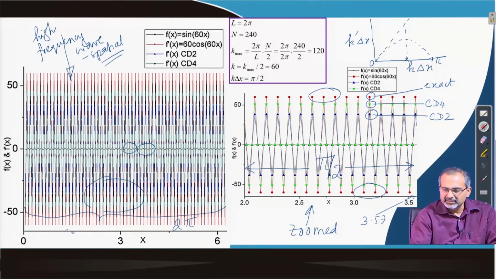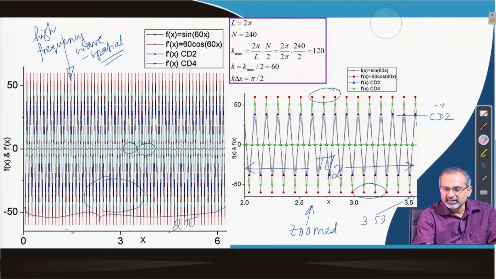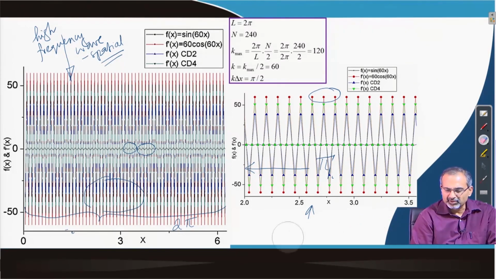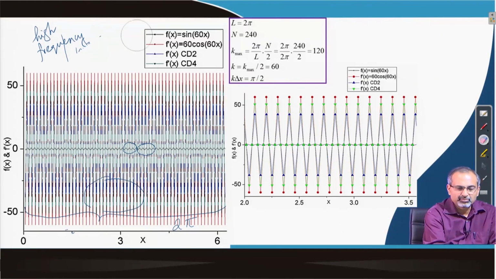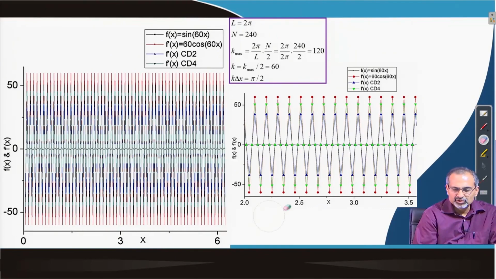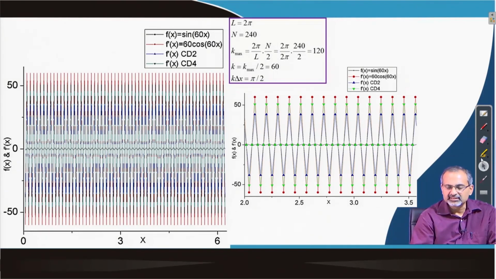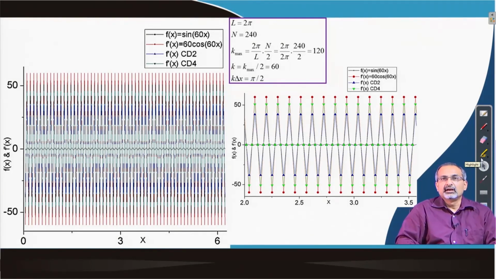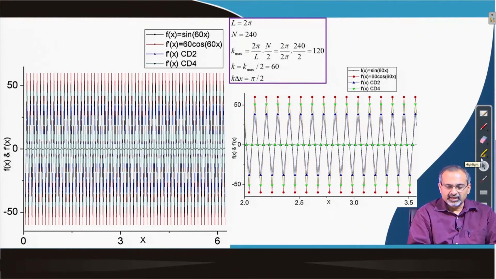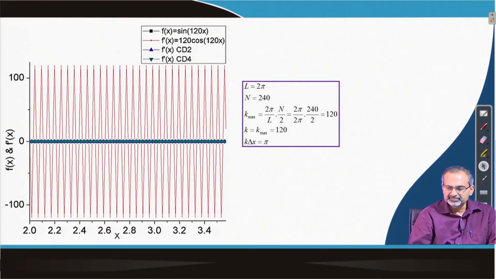Now, the ultimate test for them of course, would be to stretch the wave number further and take it to the maximum point, that is the k max value. And we recall that all schemes see a very massive degradation in performance as you move towards the highest wave numbers, and this is not a surprising outcome because we have looked at it earlier.